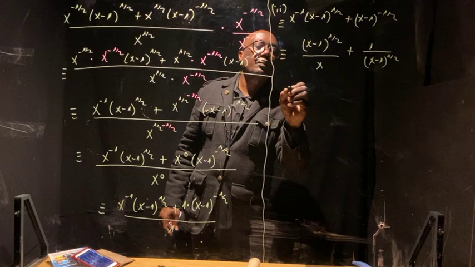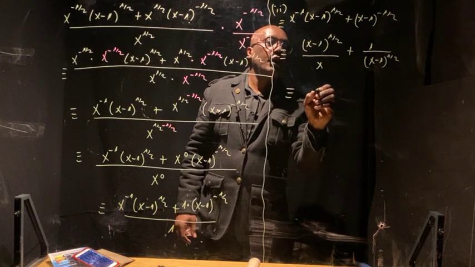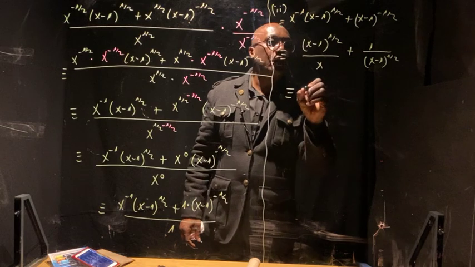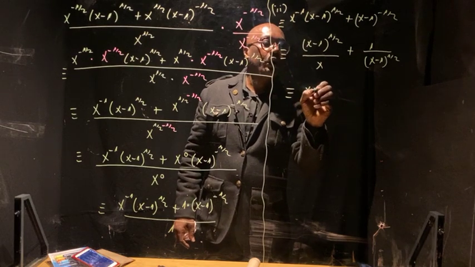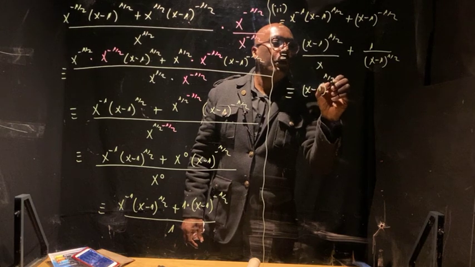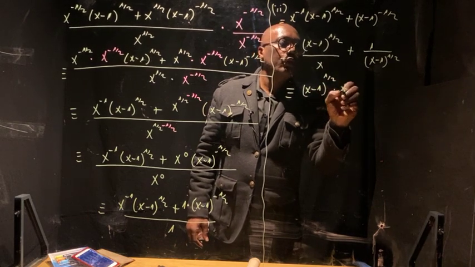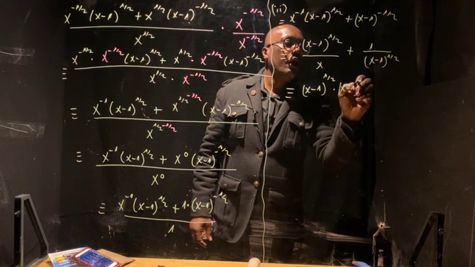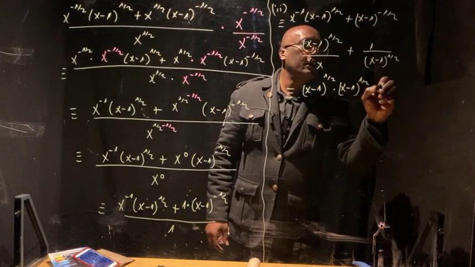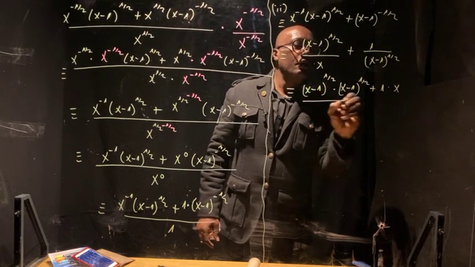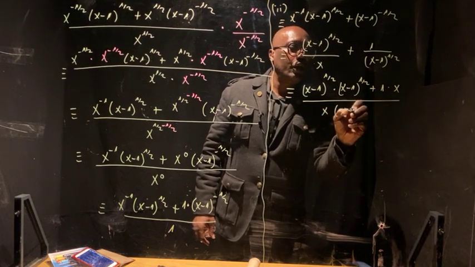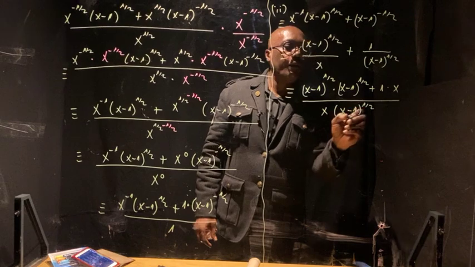You cross multiply. So it became this one multiplied to this one multiplied to this. So we have x minus 1 half multiplied to x minus 1 half plus this one to here, 1 times x, all over x minus 1 half.